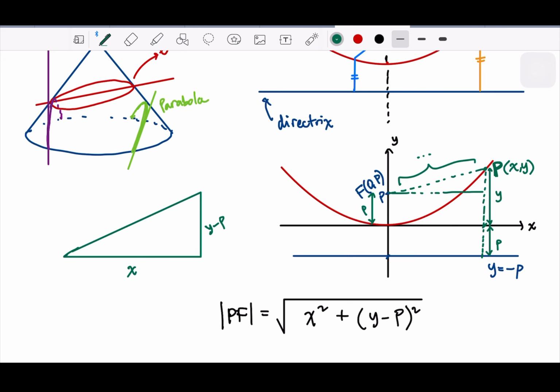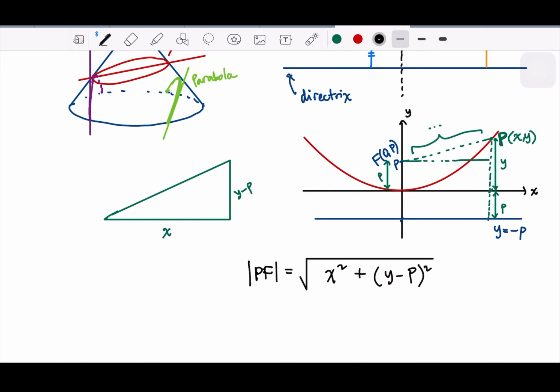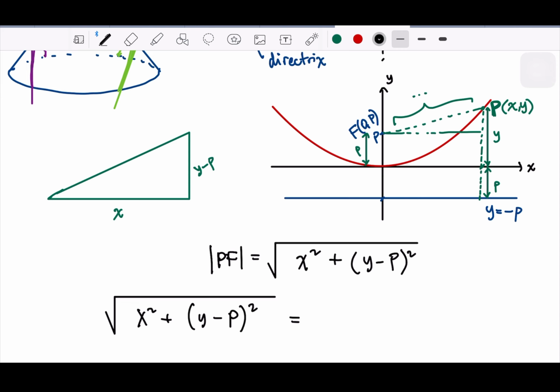Now, based on the definition that we already set up, the distance from F to the parabola and from the parabola to the directrix should be the same. So the square root of x squared plus (y minus p) squared should be the same as the distance from the parabola to the directrix, which is y plus p, right?